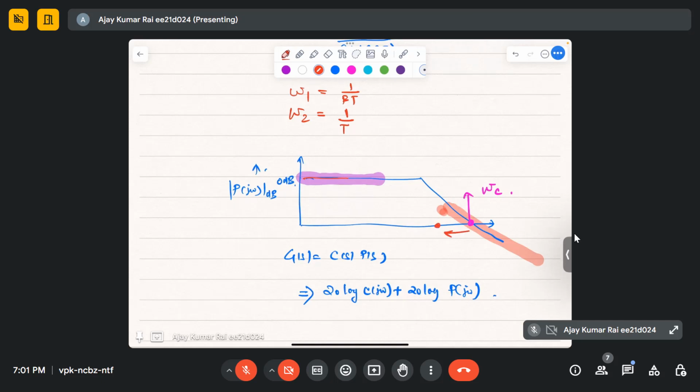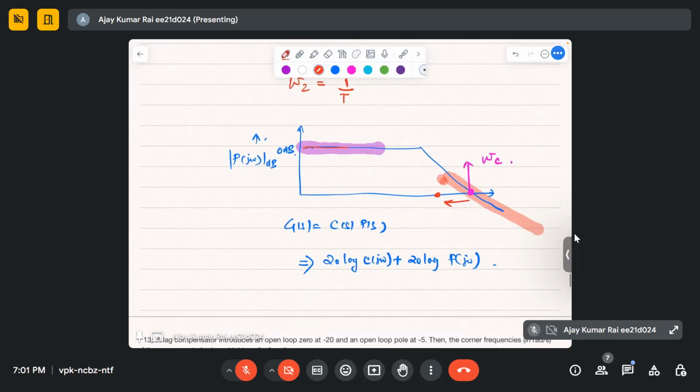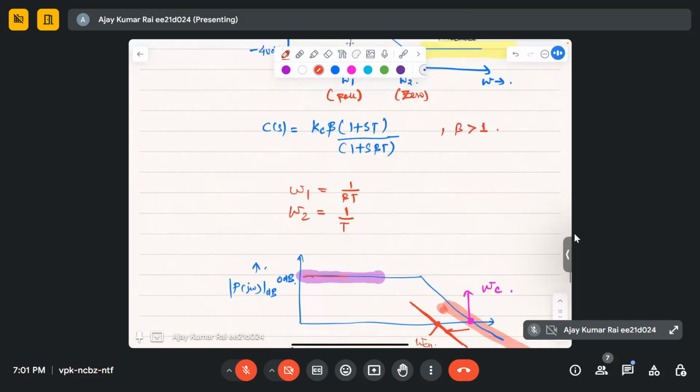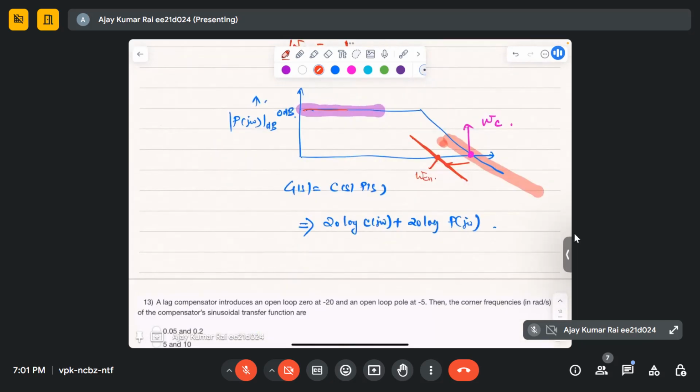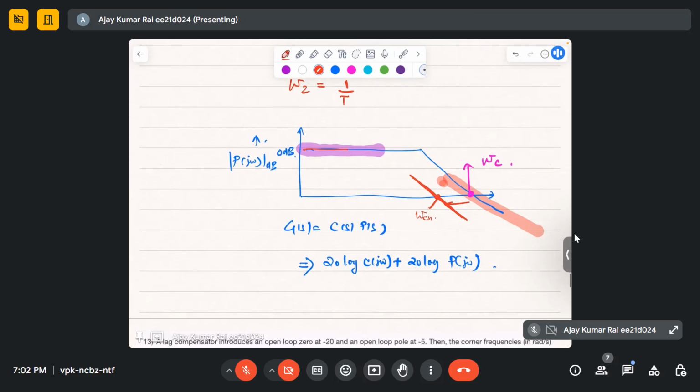If you combine the plots, the combined plot will have this new omega c. Because of this attenuation at higher frequencies, you'll have a new gain crossover frequency. Then we will say the bandwidth of the system is reduced.